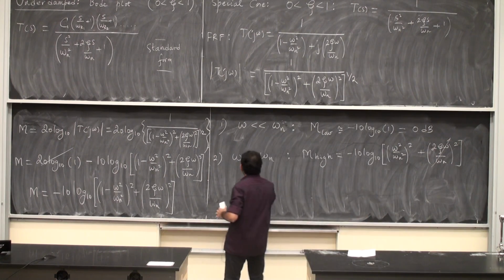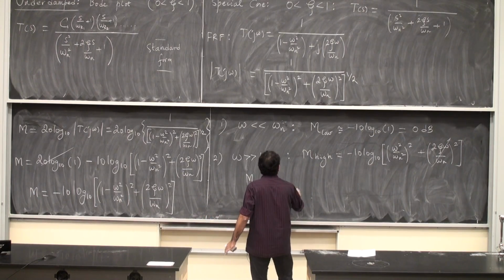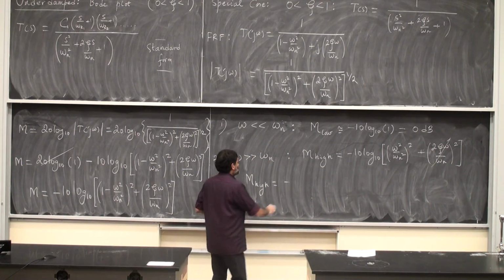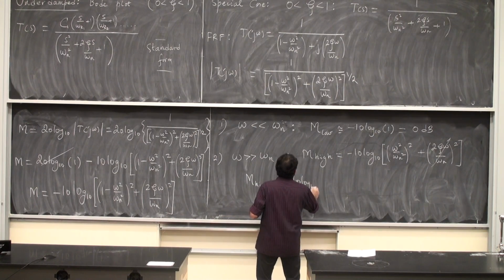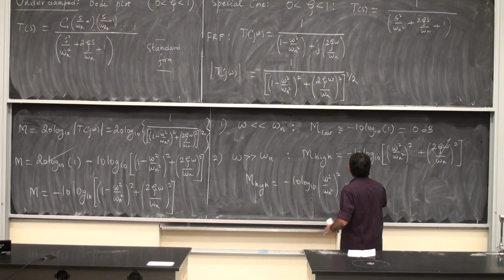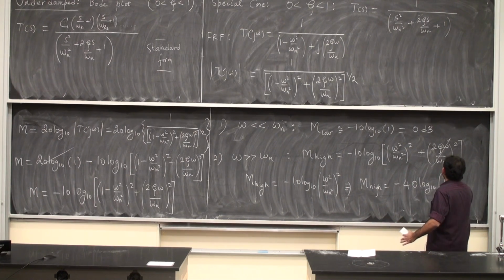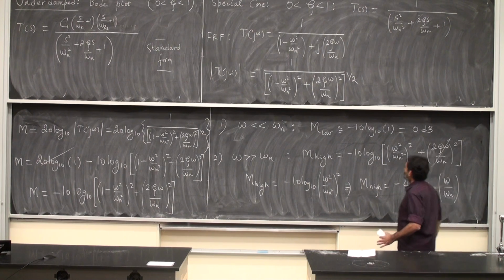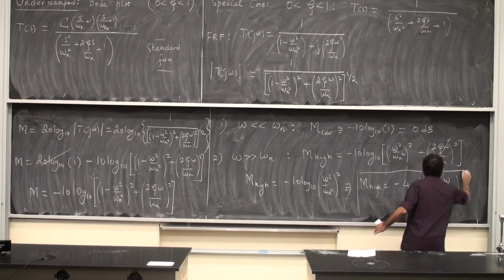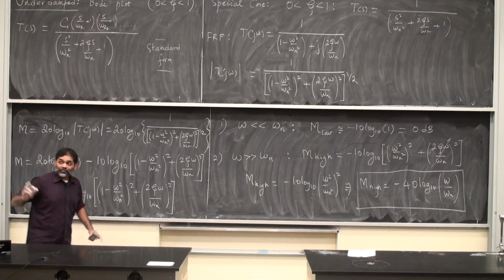And so I have M high is minus 10 log 10 of omega squared over omega n squared whole squared, or minus 40 log 10 of omega by omega n. And so this obviously means, yes, question.